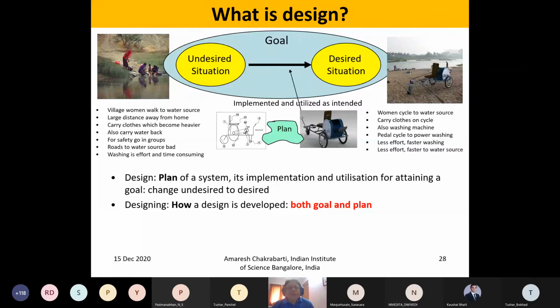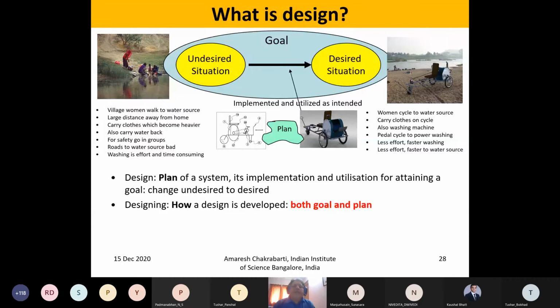Please remember that when you're a designer, you are designing both the goal as to what the undesired situation is, what the desired situation should be, and the plan. So it is like, if I may use the comparison with a standard examination process. Normally in an examination, you give a question paper and you expect that the student will answer the questions, right?